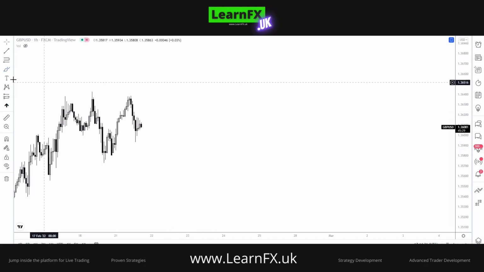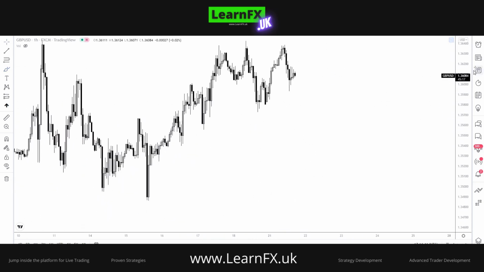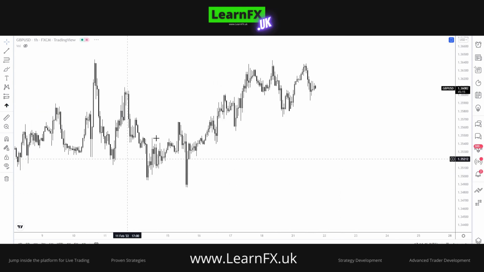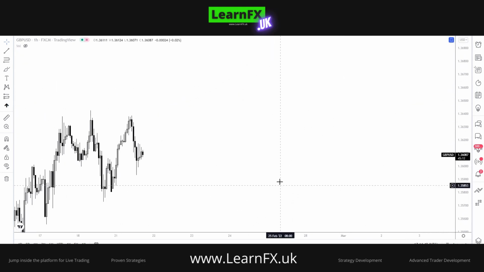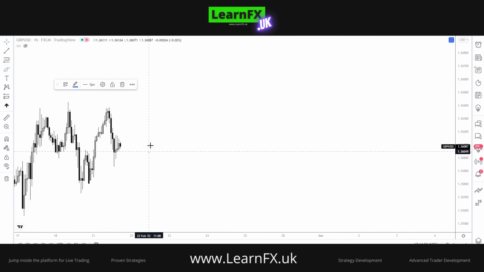So let me just give you a rough outline of how the forex market actually behaves. The forex market is made up of a lot of different types of market structure, right? So everything that we see here is market structure, okay? And generally, we're going to see phases of tight ranges, like this area here.